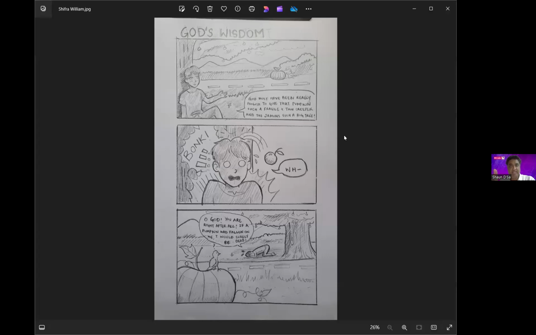So this is an NID question, a past year question. There is a person sitting under a tree, thinking. He looks at a pumpkin and looks at a jamun on a tree, and questions God's wisdom.